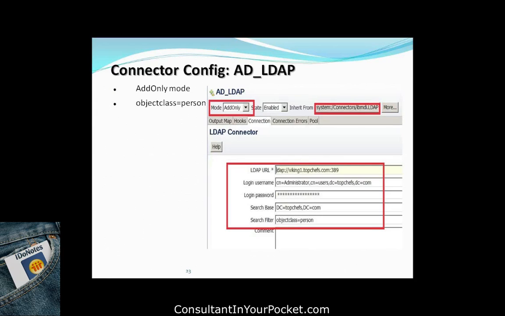Our search space, as you see, is a little different looking than a Domino search space, but this is the highest level search space on the AD side. Our domain on the AD side is topchefs.com. And again, we're using a search filter so that we're only going to pull back objects as they relate to person documents. We don't want things as they relate to different groups or server-related things, because all that stuff is stored in Active Directory.